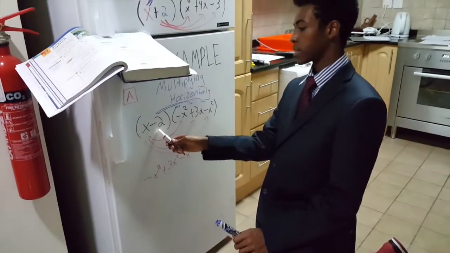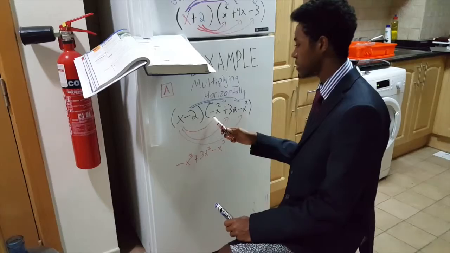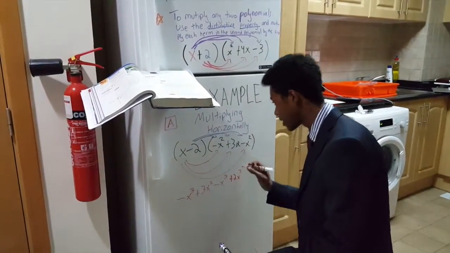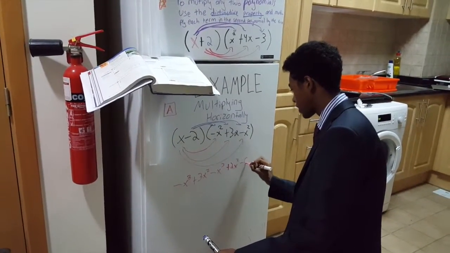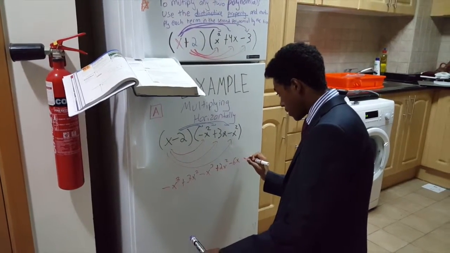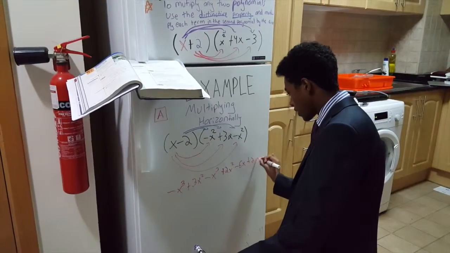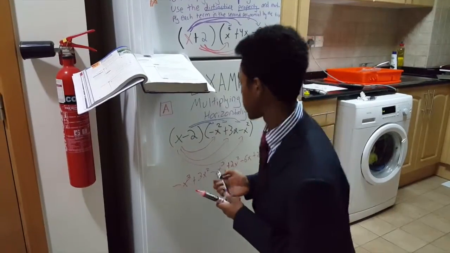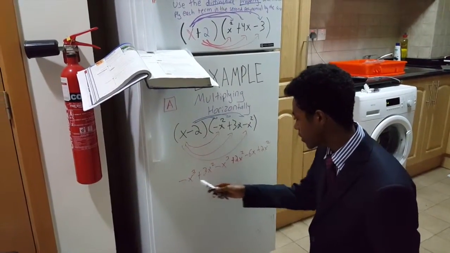And then for the second part, minus 2 times minus x squared is going to be positive 2x squared, and negative 2 times positive 3x is going to be negative 6x, and negative 2 times negative x squared is going to be positive 2x squared.